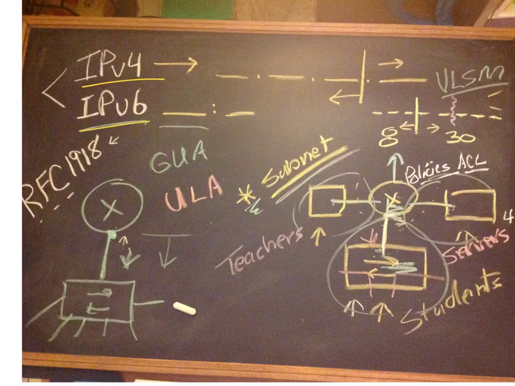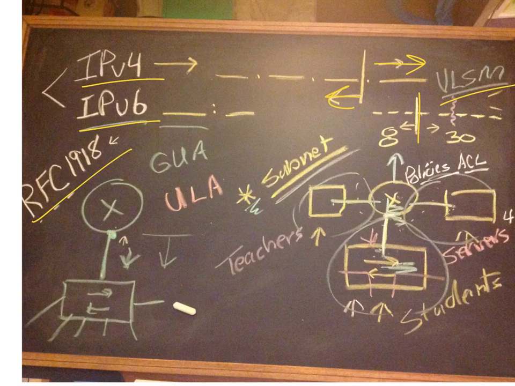IPv4, IPv6, we talked about the differences and looked at them. We went over variable length subnet masking, how we would divide there. This was another example. We talked about the network part and what we can do with it.